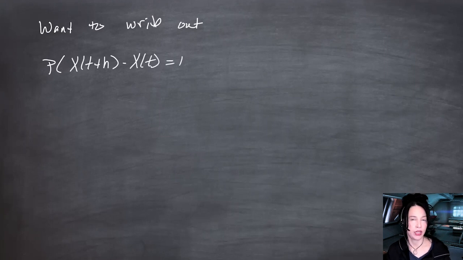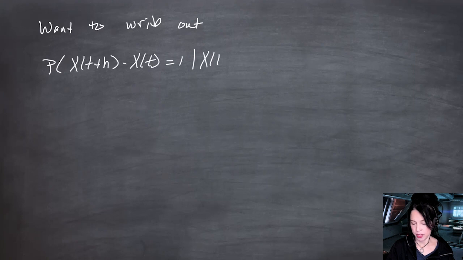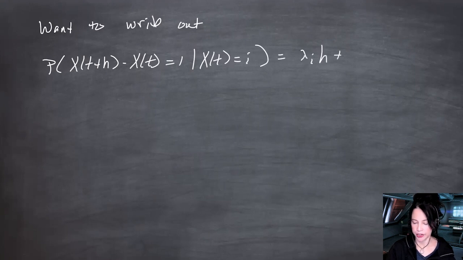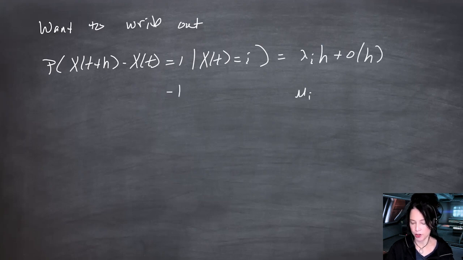So that's the probability we increase the population size by 1. Given the population size is currently I, we want to get some kind of lambda I, which we're going to define, times h plus little o of h. And we want to go down by 1 and get some kind of mu I h plus little o of h, where we have to define mu I.